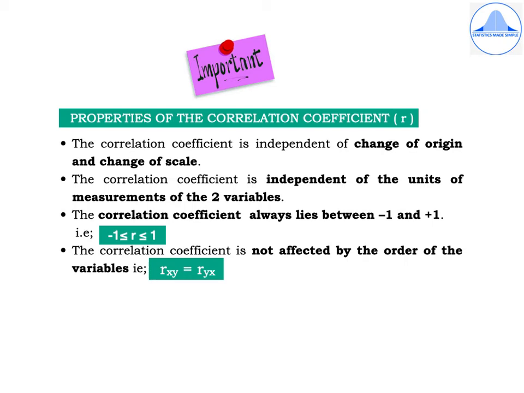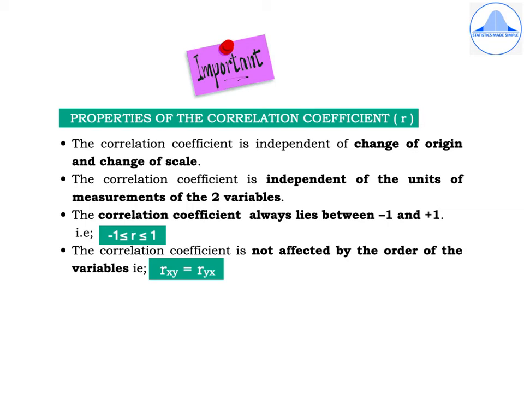The first property is the correlation coefficient is independent of change of origin and change of scale. In one of my videos on the arithmetic mean, I have explained what is change of origin and change of scale. You can refer to that video for further understanding.